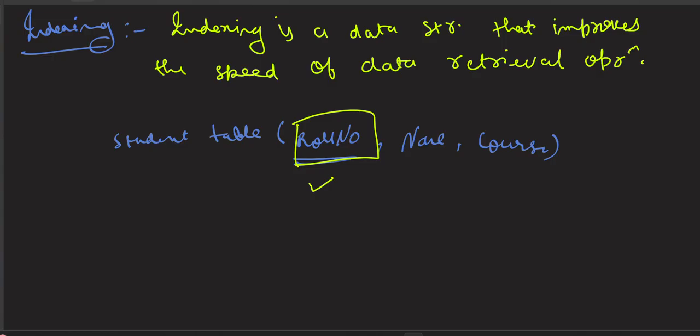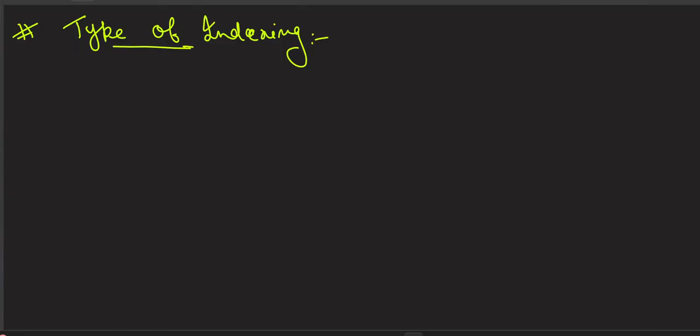Moving further to the types of indexing. Till now we have understood what an index is, so now we will discuss the types. The first one is the primary index.